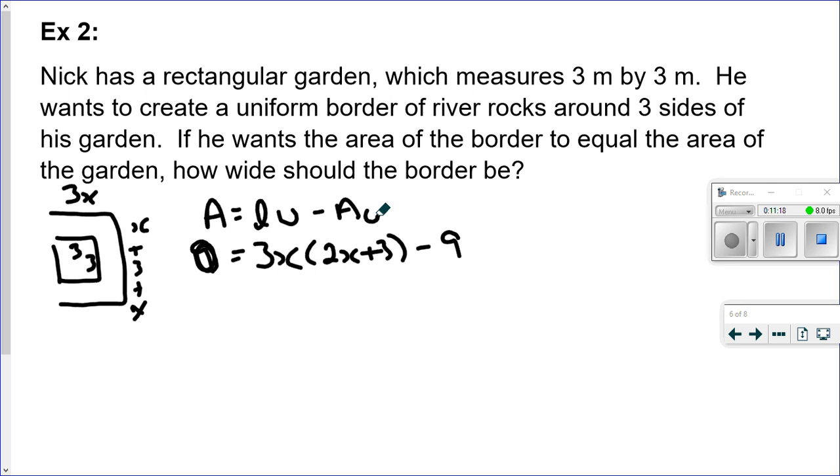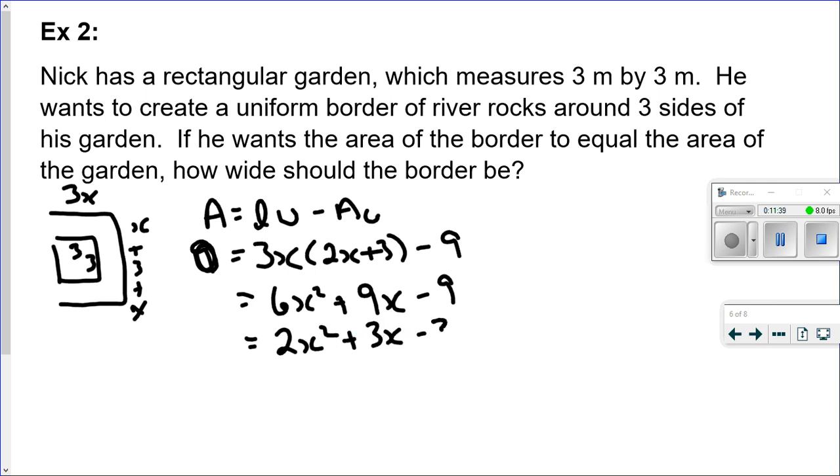All right, so there we go. Because we have the area of the big thing minus the area of the inside. 3 times 3 is 9x minus 9. I'm going to be a little lazy here. Divide by 3 is 2x squared plus 3x minus 3.